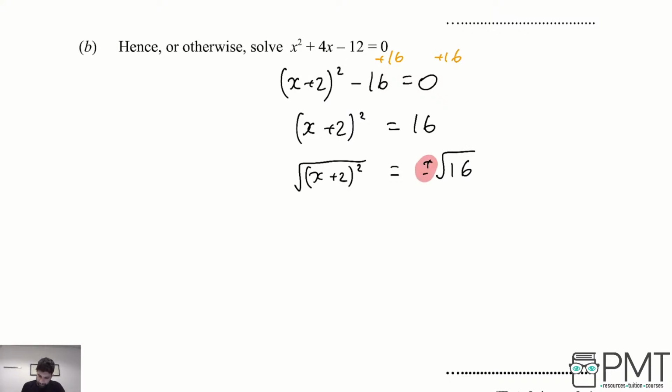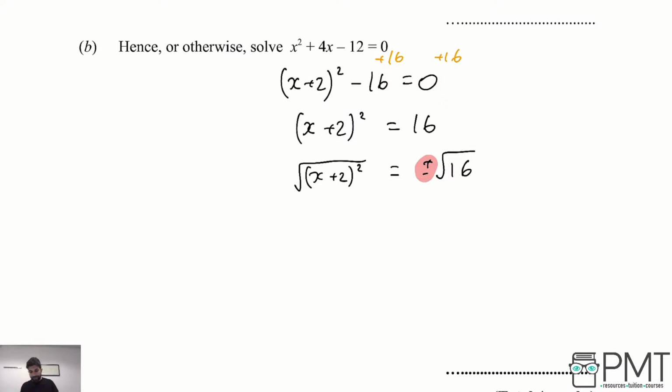This is very important. You need to remember that when you square root, you need to have both the plus and the minus signs. Yes, square root both sides, that is correct.